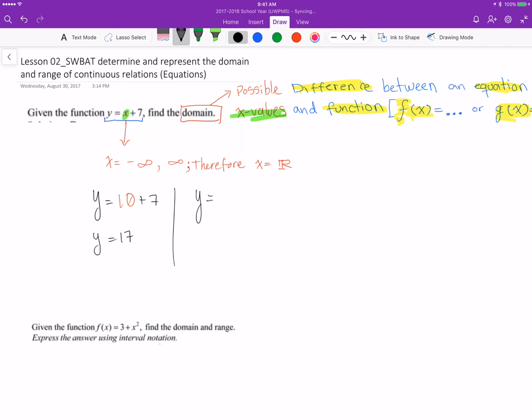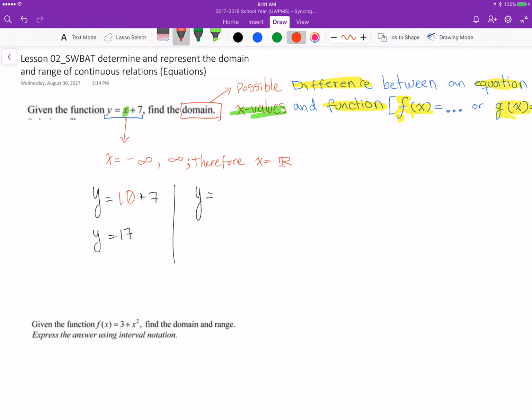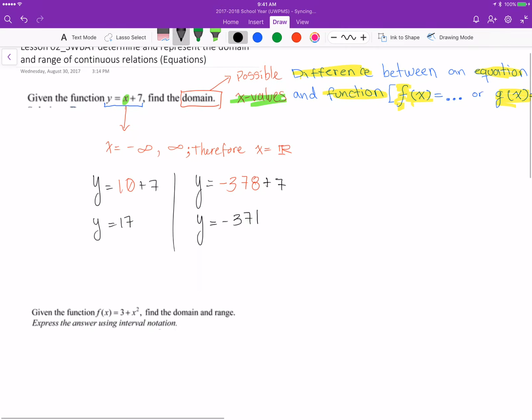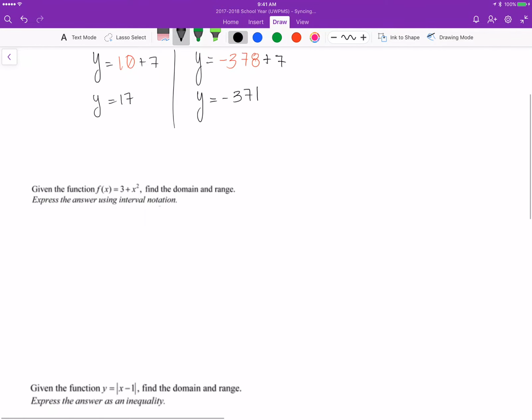Y equals negative 378 plus 7, y equals negative 371. So that's going to be an easy one.